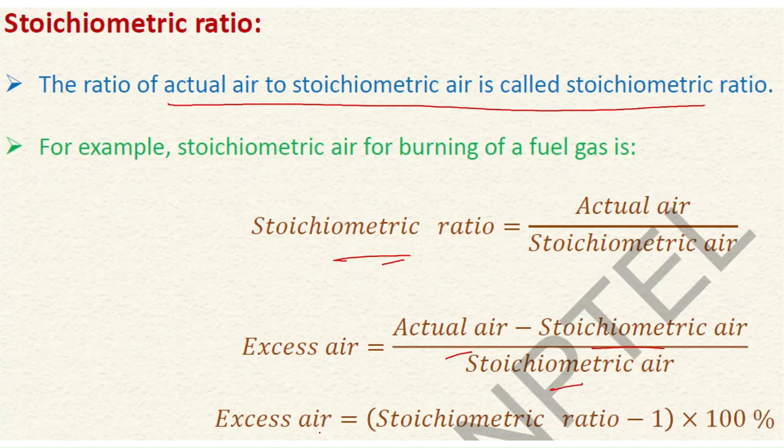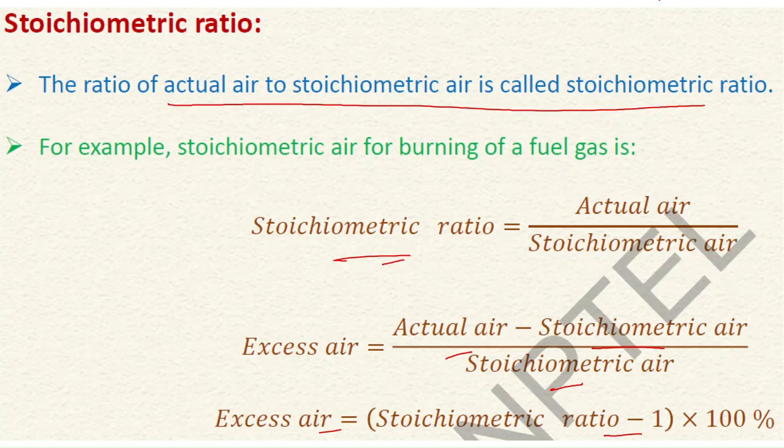By this we can say excess air is the stoichiometric ratio minus 1, into 100, which gives the excess air percentage.